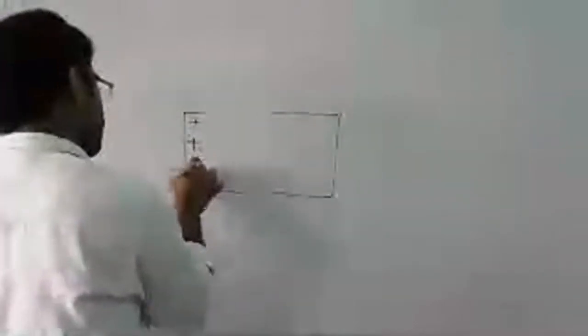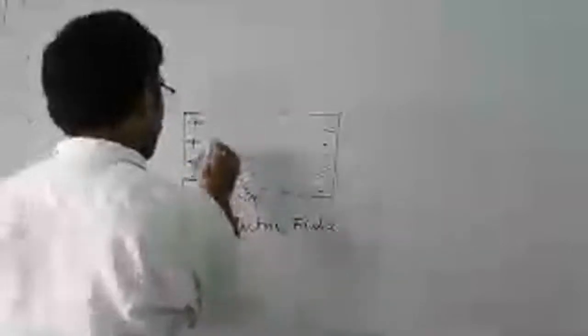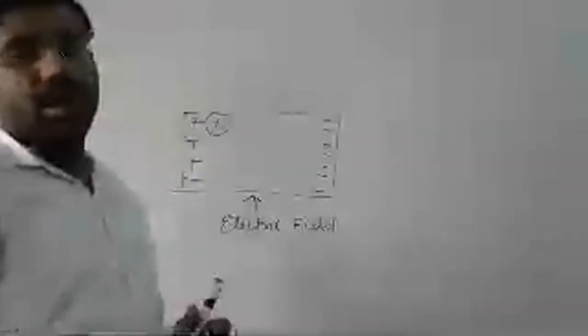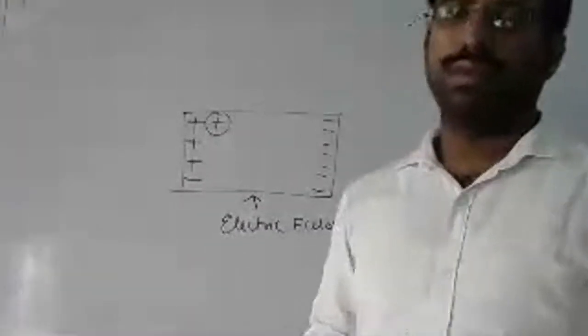Look on the board. Positive charge. Entire area is electric. If in an electric field I am putting a positive charge, what will happen to the positive charge if it is placed near the positive plate?